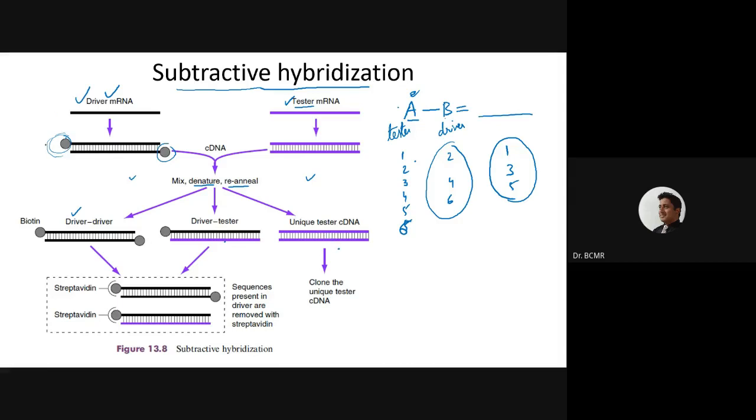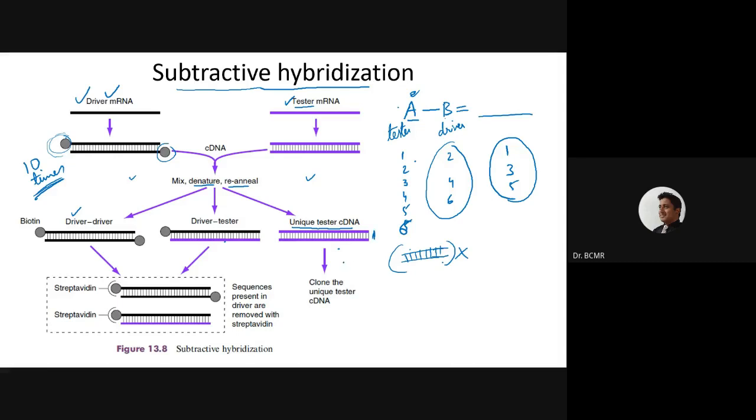We should also remember that about 10 times more driver is taken, because there is also the possibility that the common tester cDNA can base pair back like this. But when you include 10 times more driver, the probability of this will be reduced. Only those unique tester cDNA which do not have complementary sequences in the driver cDNA will bind together like this.